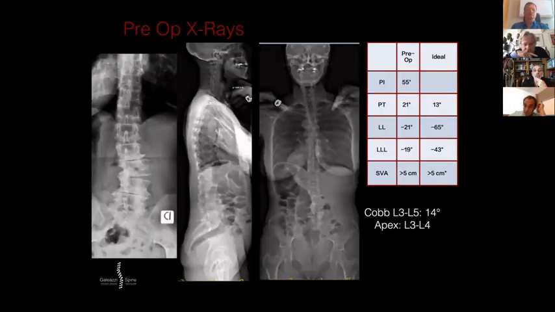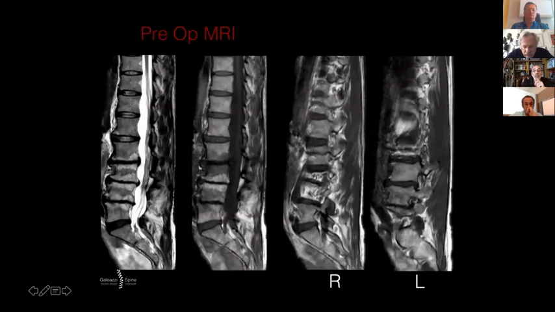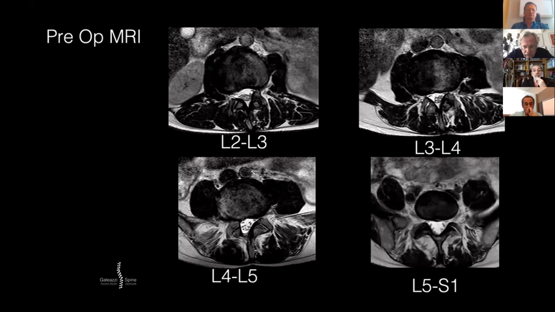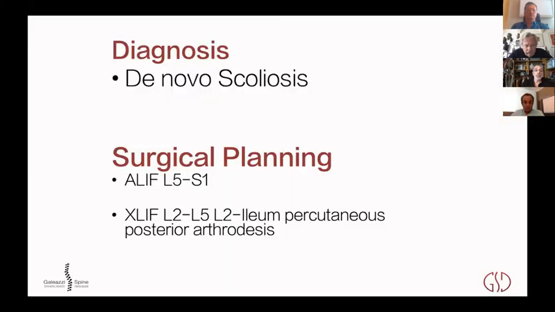One more example. In this case it is a case of de novo scoliosis. As you can see, the main problem is in the sagittal plane. You can consider also in this case the option to perform anterior surgery with a lateral approach or with a pure anterior approach.